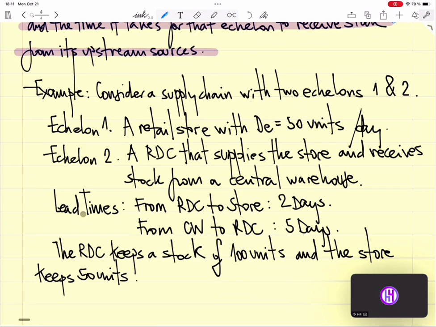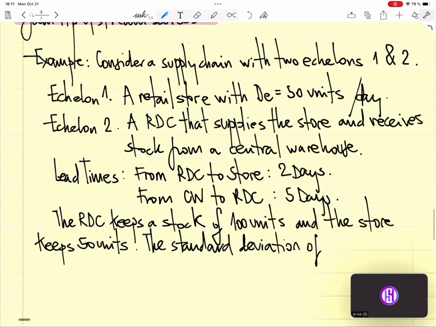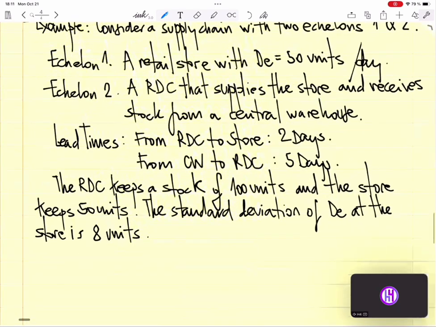The standard deviation of daily demand at the store is 8 units. So, okay, these are the data.